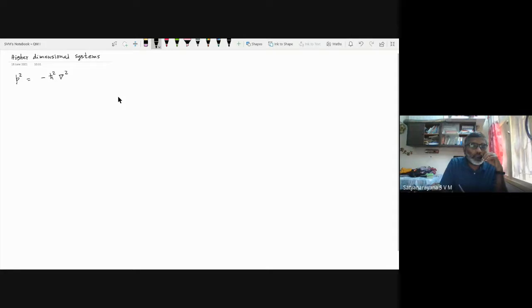For example, in the last class we have seen plane polar coordinates, that is given by r comma theta, where the Cartesian coordinates are written in terms of r and theta as x equal to r cos theta and y equal to r sin theta.